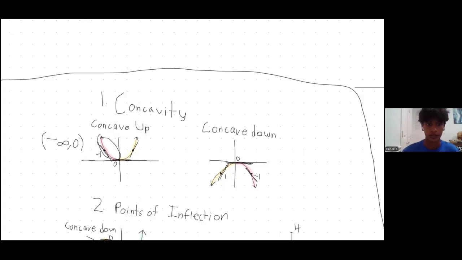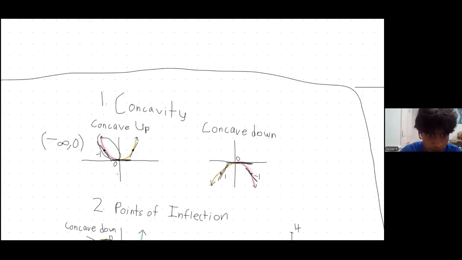So as x values are increasing, the y values are decreasing. How we put that into words is: the graph is concave up, and therefore the rate of change is increasing as the y values are decreasing.